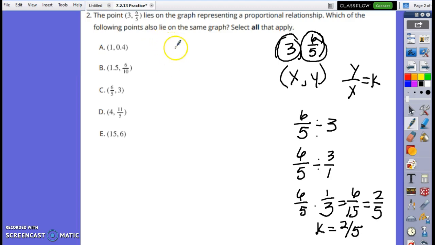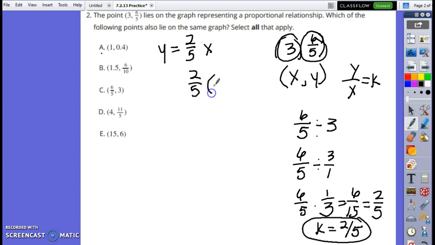So here we're going to check each time to see, is y equal to 2/5 times x? And 2/5 was our constant in our original relationship. So let's go ahead and test A. In A, x is 1, so 2/5 times 1.